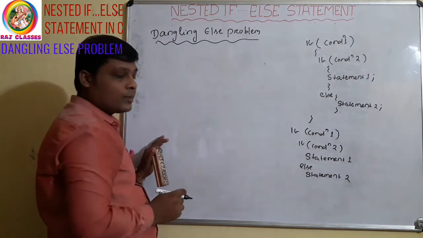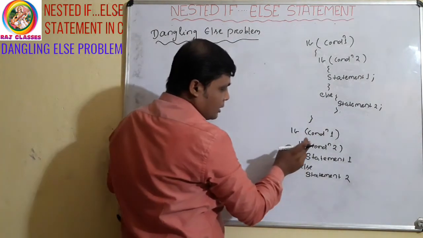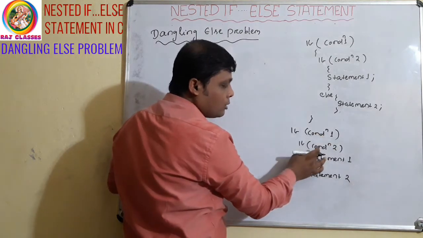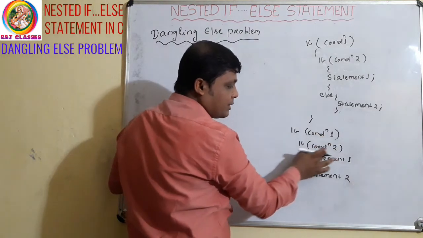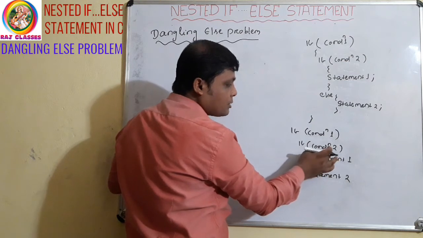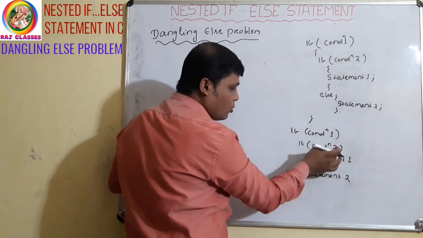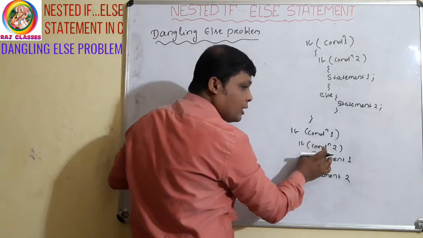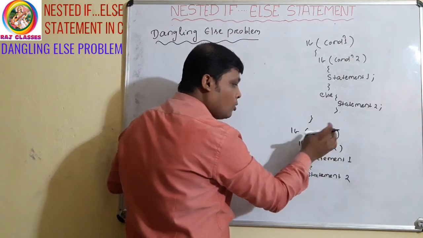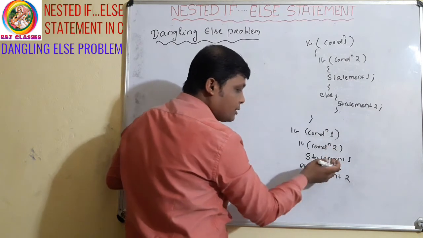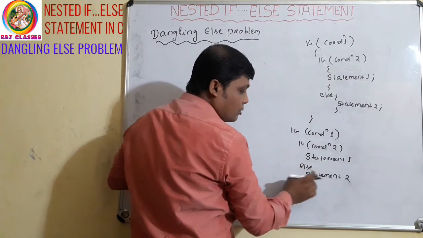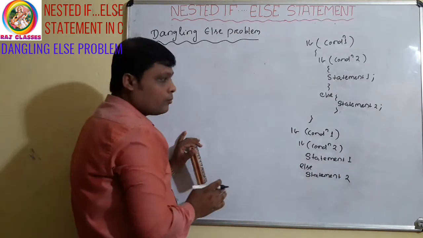Just see this case here. If condition 1 is true, it will go to this if part and check condition 2. If condition 2 is true, it will execute statement 1. If condition 1 is true but condition 2 is false, it will go to the else part. Yes or no? Then it will print statement 2.